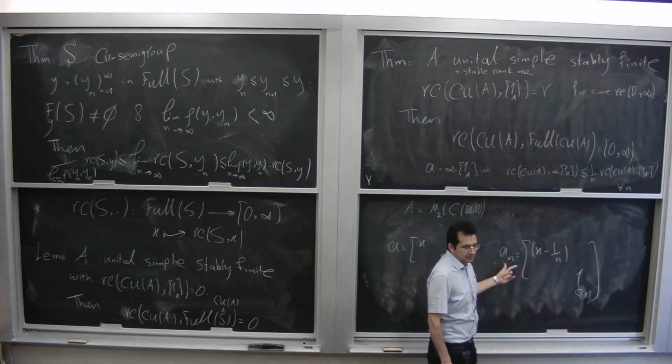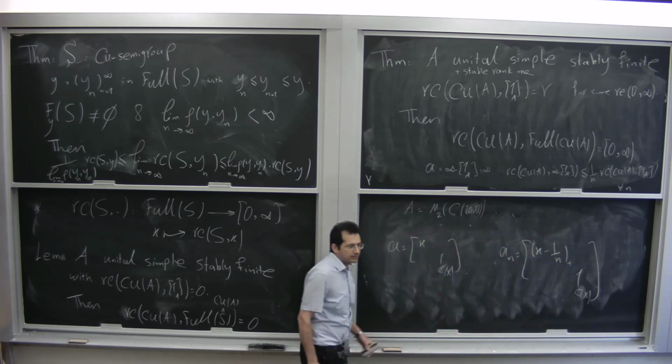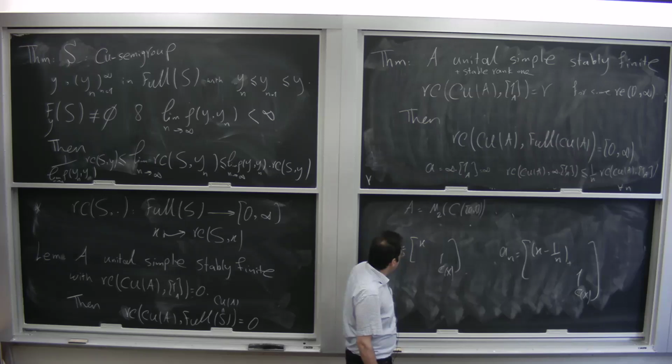What's this x minus 1 over n? This is, sorry, the positive part. But they have finite rank. Why are they not finite rank? You can compute the rank ratio of them easily.